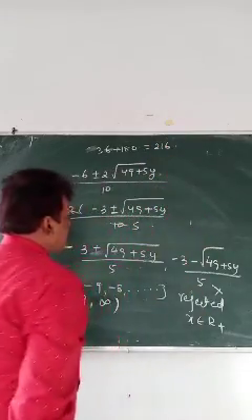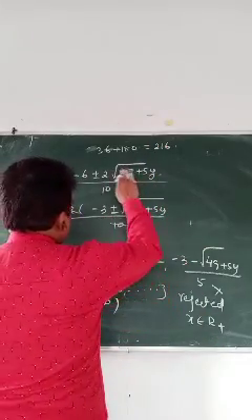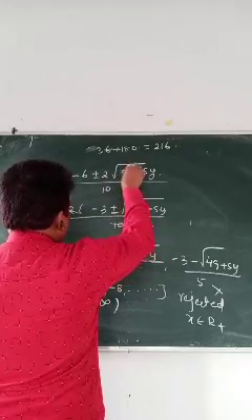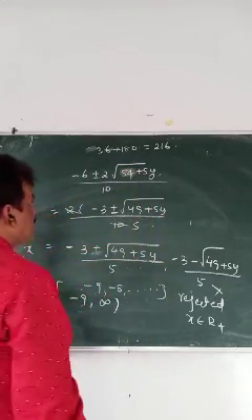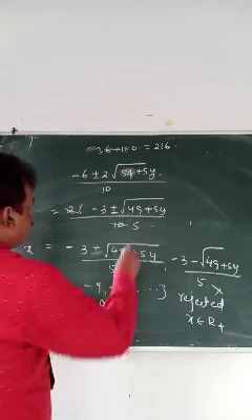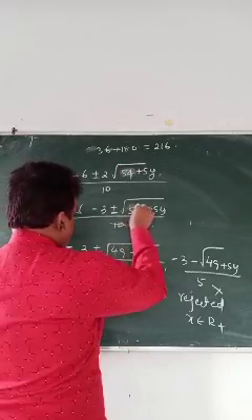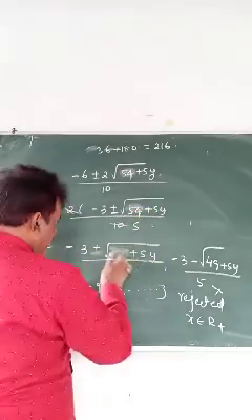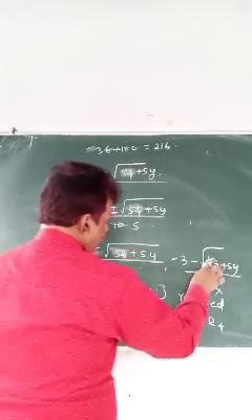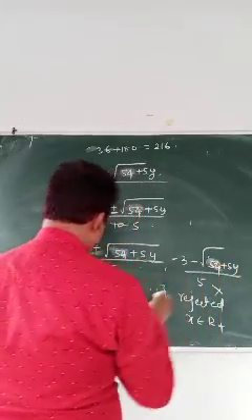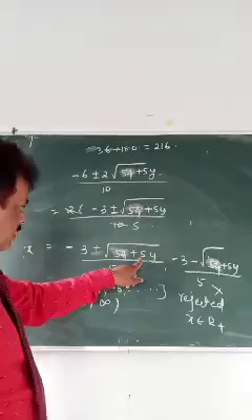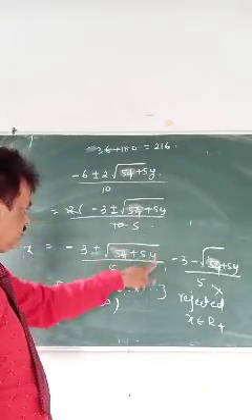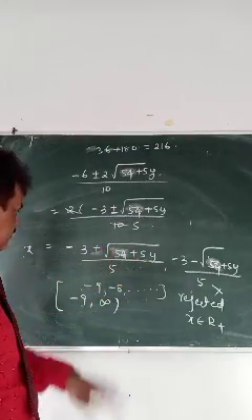So 216 means this will be 54. Actually 54 it is. So any value, even if you put minus 9, the value which will come out is positive here.